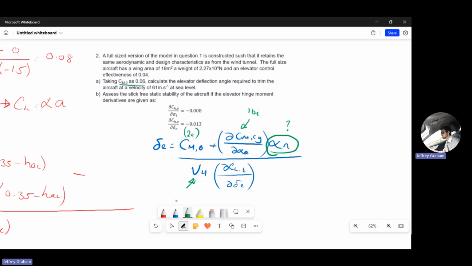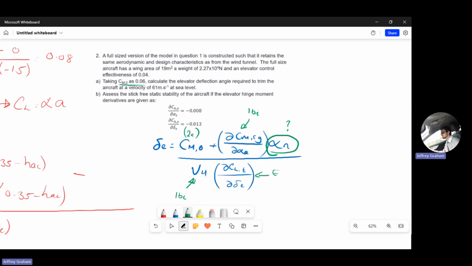So VH will be, again, from 1BI. Finally, this change in the lift because of the elevator deflection is the elevator control effectiveness.